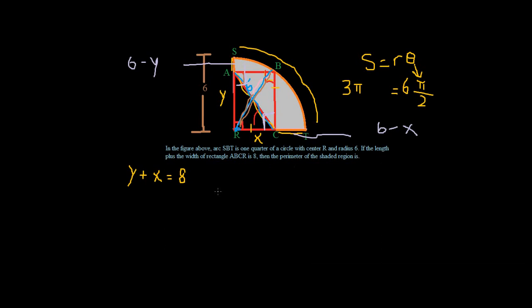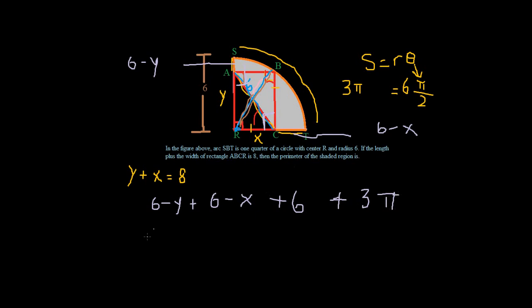So we know 6 minus y plus 6 minus x, which is CT, plus AC, which we already proved is equal to 6, plus the arc length of the circle, which is 3 pi. This must equal the perimeter of the shaded region.